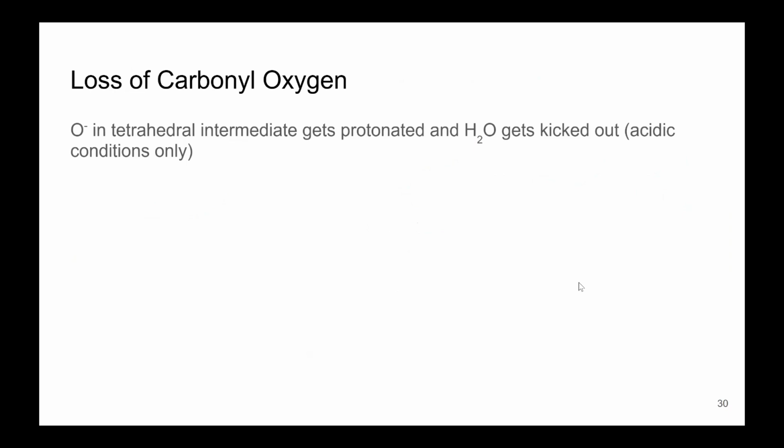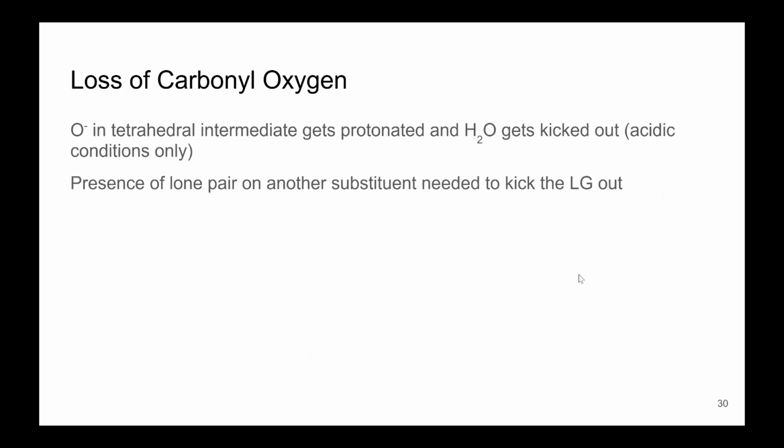So addition and elimination, O gets kicked out. Loss of carbonyl oxygen is when the O minus in the tetrahedral intermediate gets protonated and H2O gets kicked out. So it happens in acidic conditions only, because if you have a basic condition, the O minus will just stay as an O minus and you can't kick it out. So you also need the presence of a lone pair on another substituent to really kick the leaving group out.